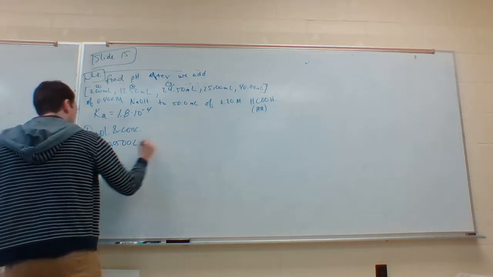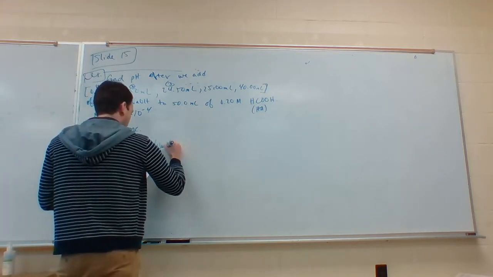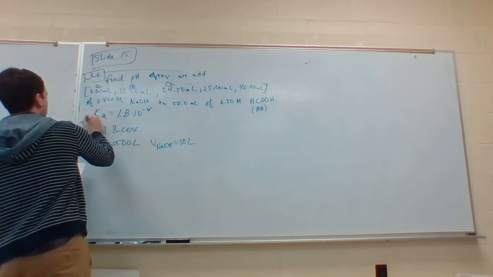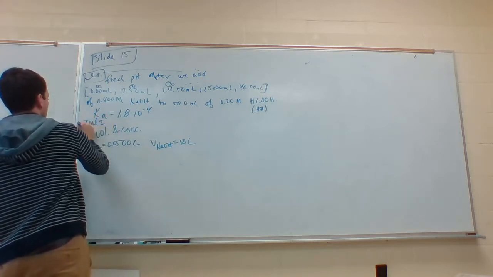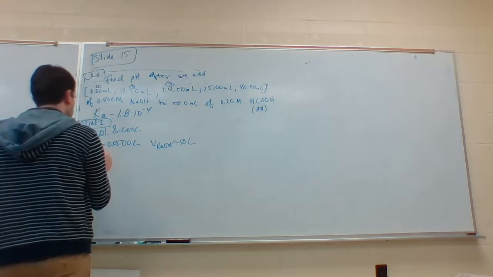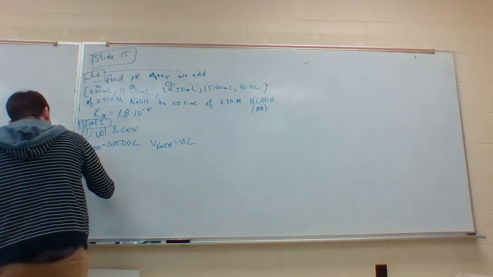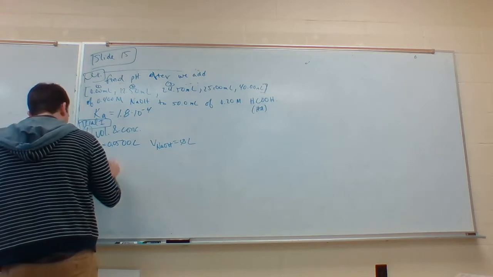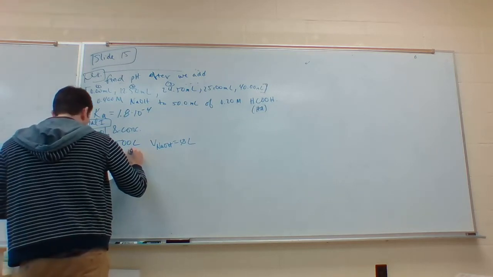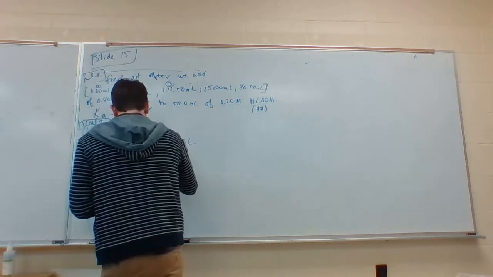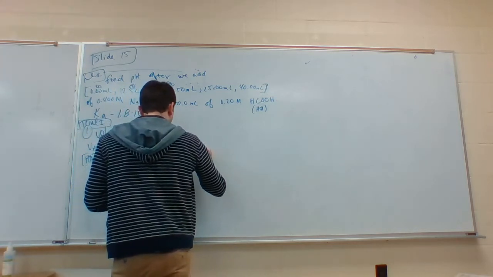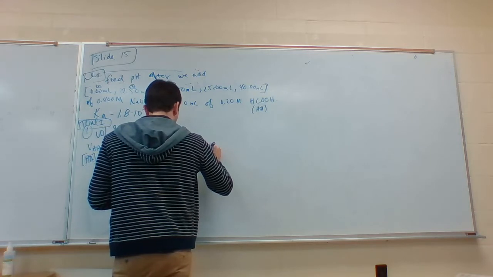We have a volume of sodium hydroxide equal to 0 liters for trial 1. Our concentration of acid at the beginning is equal to 0.20 molar, and our concentration of sodium hydroxide at the beginning is equal to 0.400 molar.